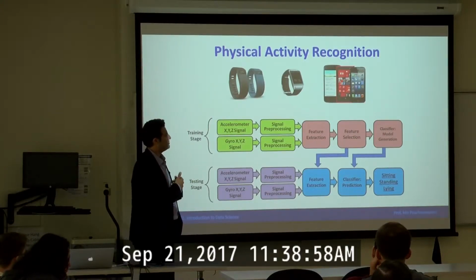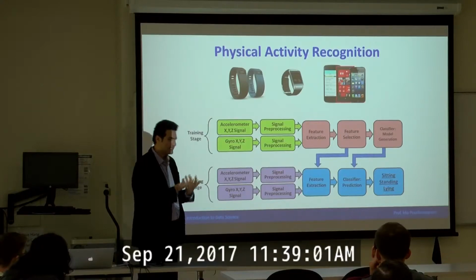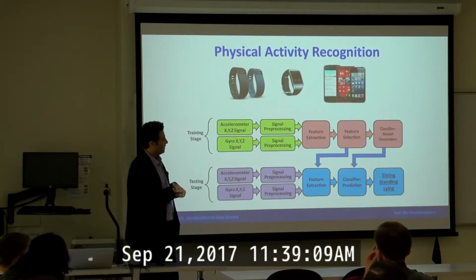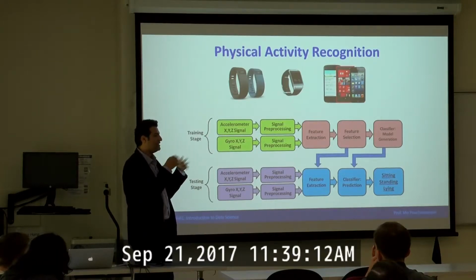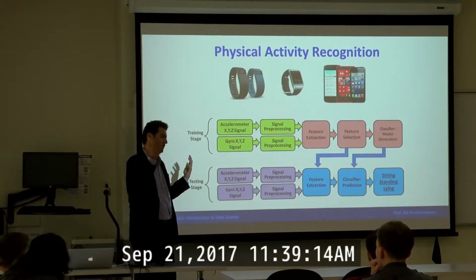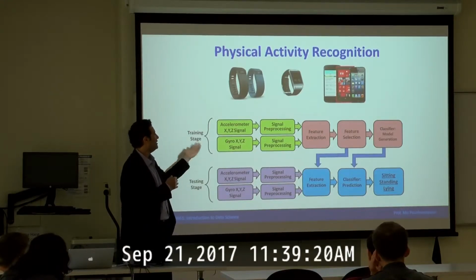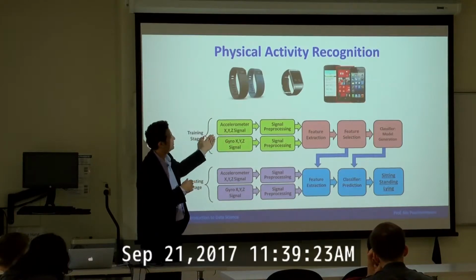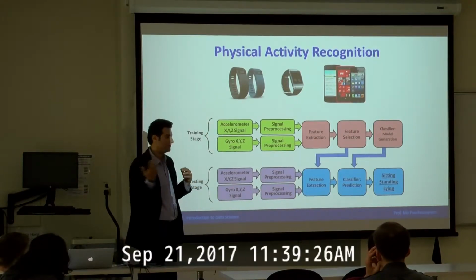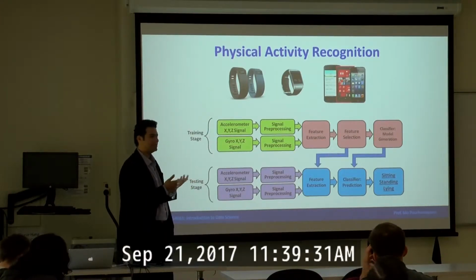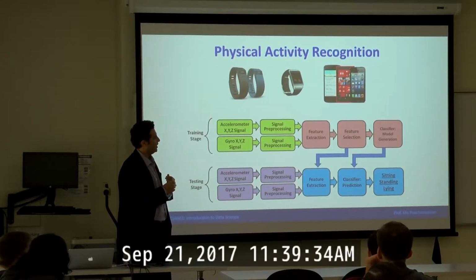We need to do signal pre-processing to clean and denoise them, and extract some statistical features, like mean, standard deviation, the type of fluctuation, and so on. We may need to move the signal to another domain, for example the frequency domain, and then measure frequency-based features, like wavelet-based features, and so on.